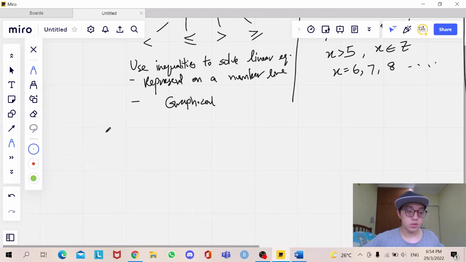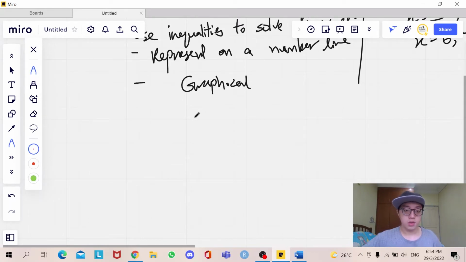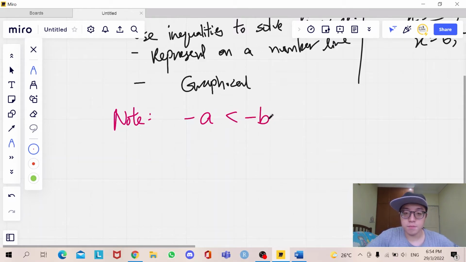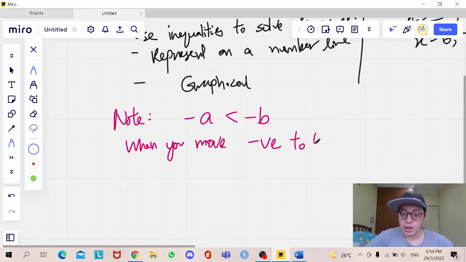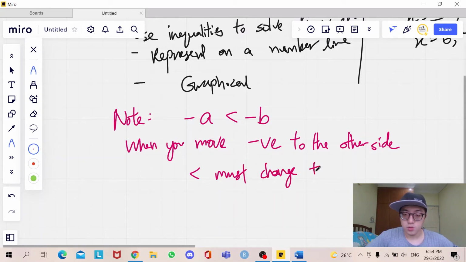Note that if you have negative a less than negative b, when you move the negative to the other side, this sign must change to this, vice versa.